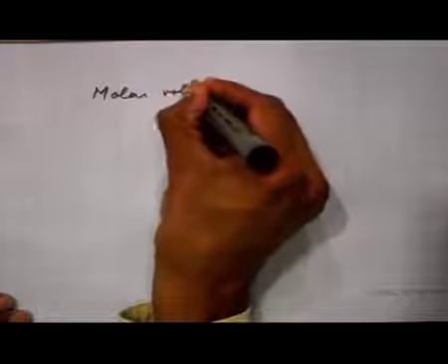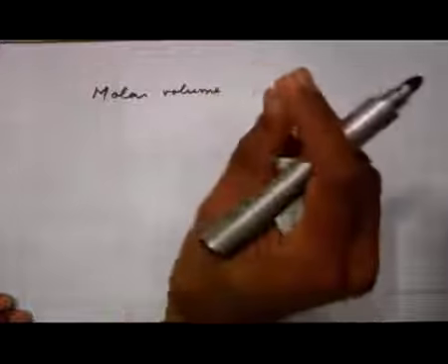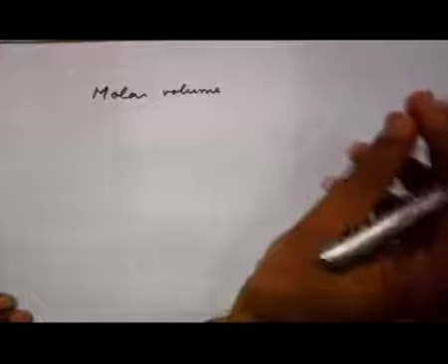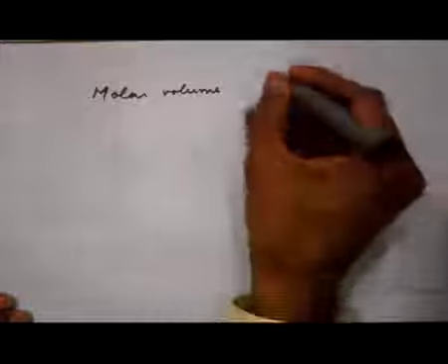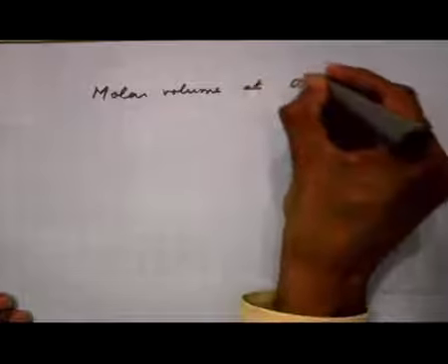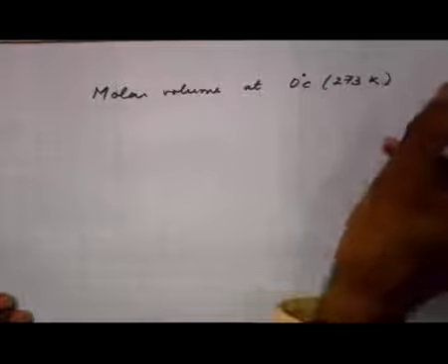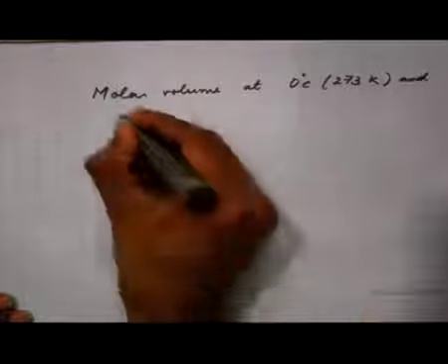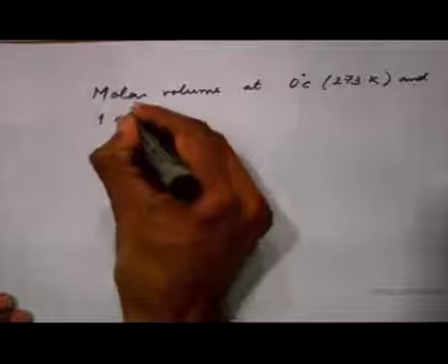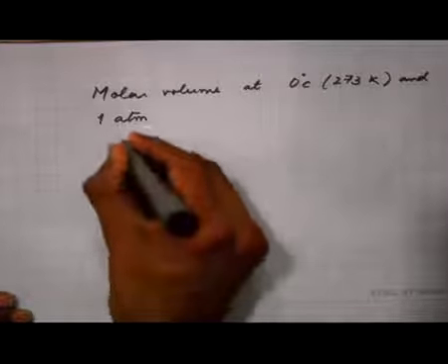So, molar volume is the volume occupied by Avogadro number of molecules at 0 degrees Celsius, which is 273 Kelvin, and 1 atmosphere pressure, right. I will write up the table just once again.